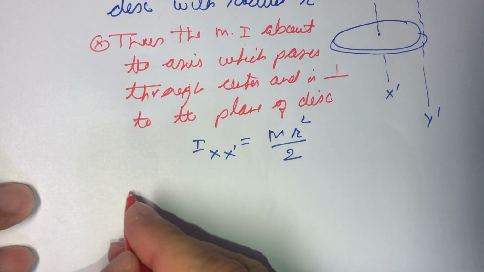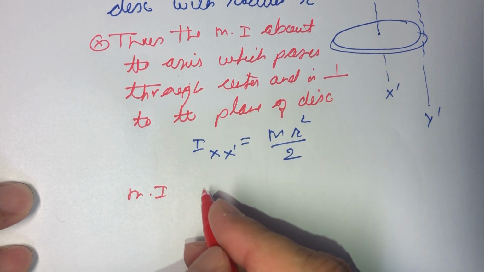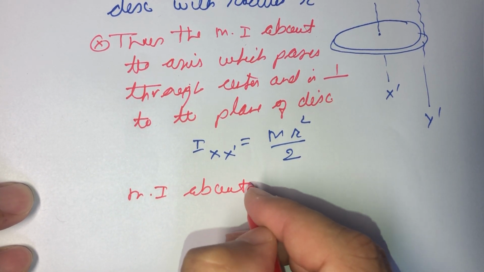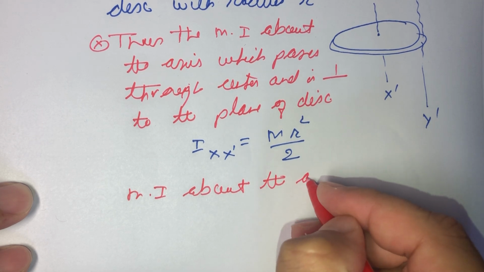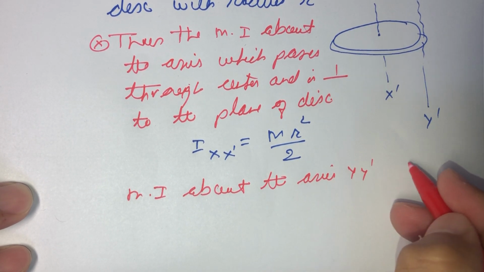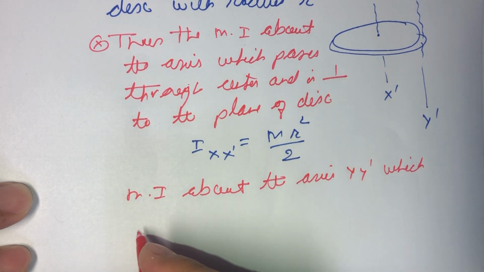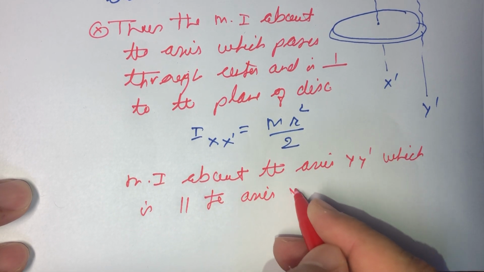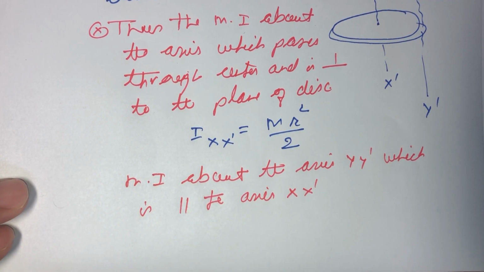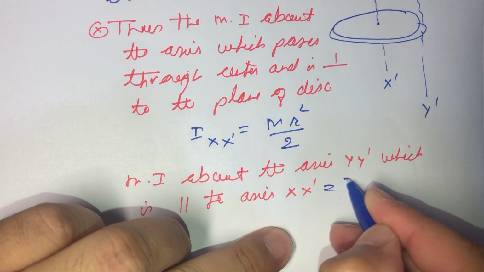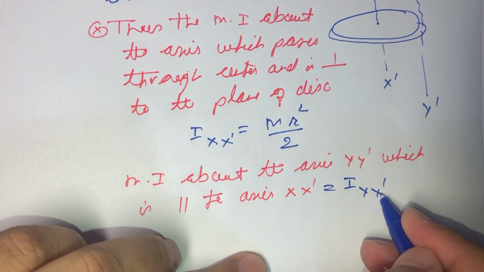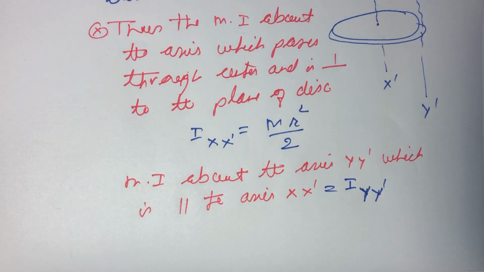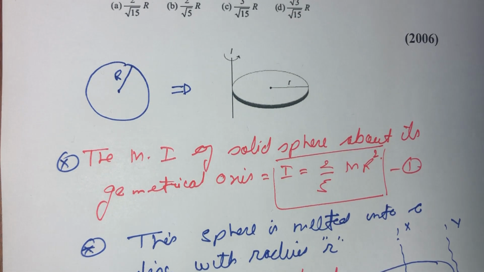So we can say moment of inertia about the axis y prime, which is parallel to axis x prime, let us suppose that moment of inertia is given as I y prime. In order to find out I y prime, we can use the theorem of parallel axis.